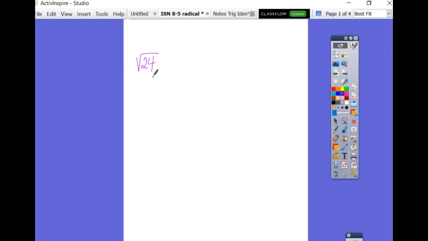If I'm simplifying the square root of 24, this is how we did this. We simplified all the way down like this. And then what did we do from there? Once you have this, what do you do next?